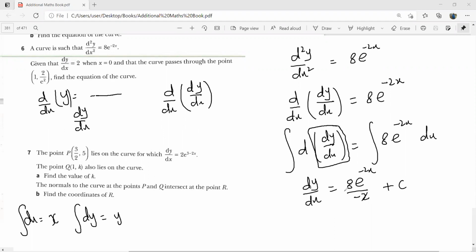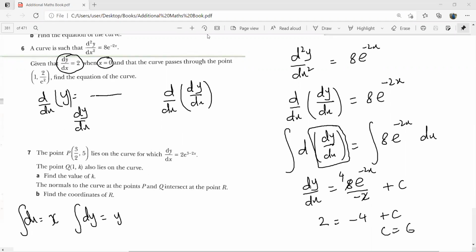Okay, this is cancelled. I'll be using this dy by dx and this value of x to determine this c. So dy by dx is 2 and x is 0. This becomes minus 4 e raised to 0, that is 1, and this is plus c. So your c is going to be 6.